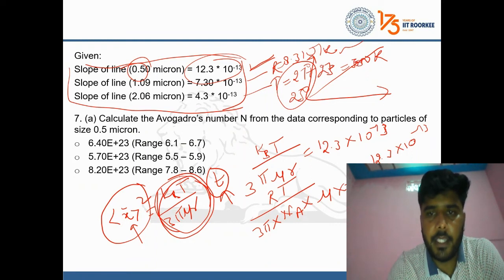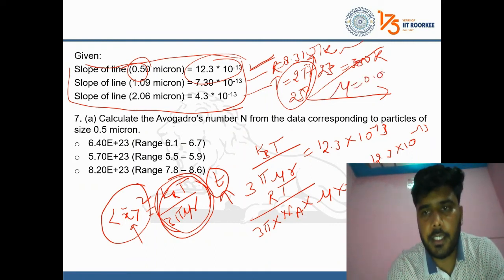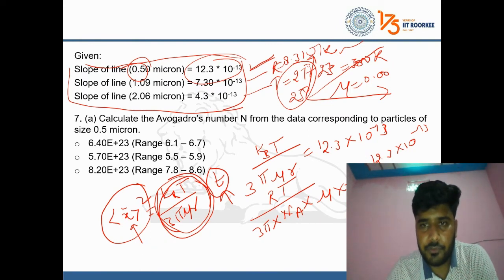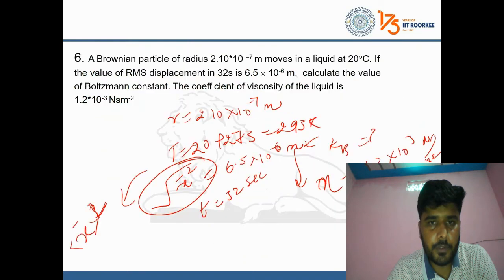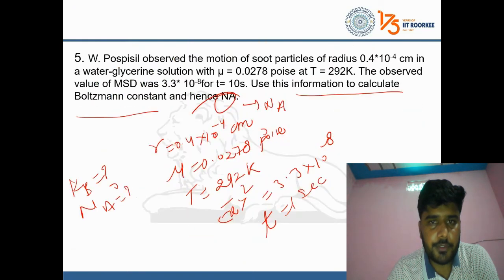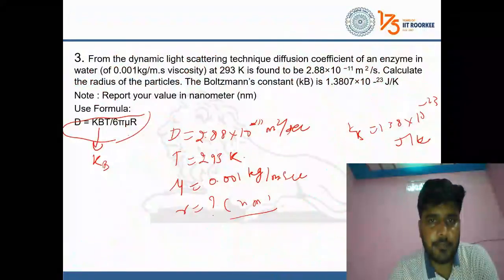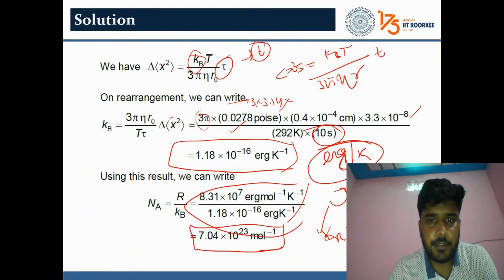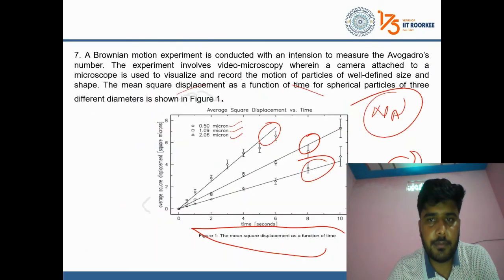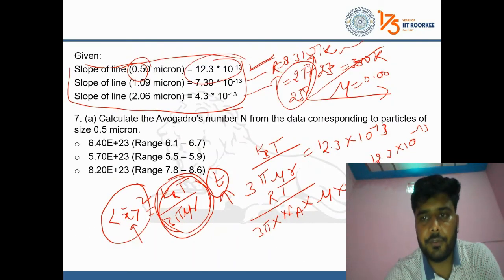The mu value is the default that was also provided in the last question, 0.001 kilogram per meter second.